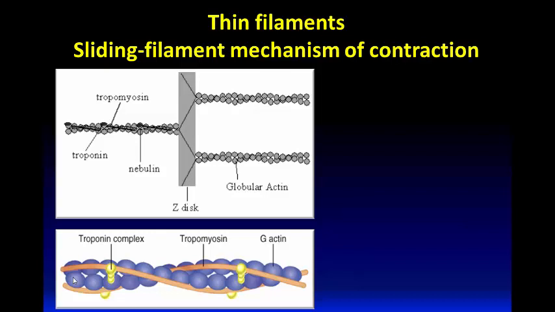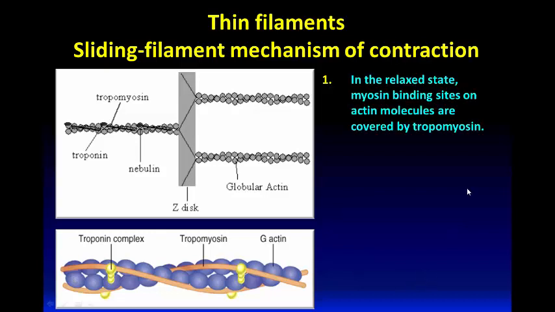However, in the relaxed state, the myosin binding sites on the actin molecules are covered by another protein in the thin filaments known as tropomyosin. A third type of protein which we have in the thin filaments is troponin.